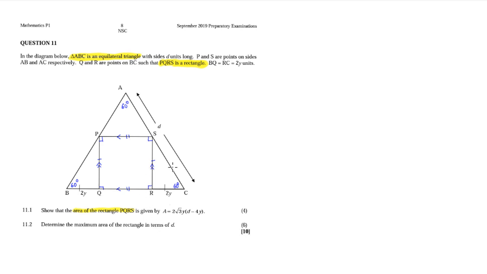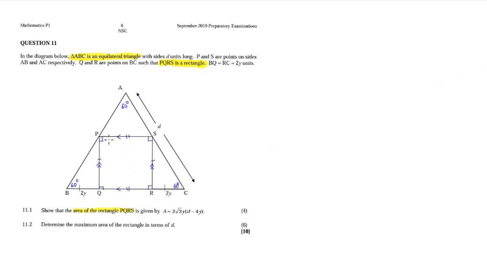Okay, so now having done that, you should be noting that what you have done is created the Euclidean geometry theorem which states that you have a line drawn parallel to one side of the triangle.